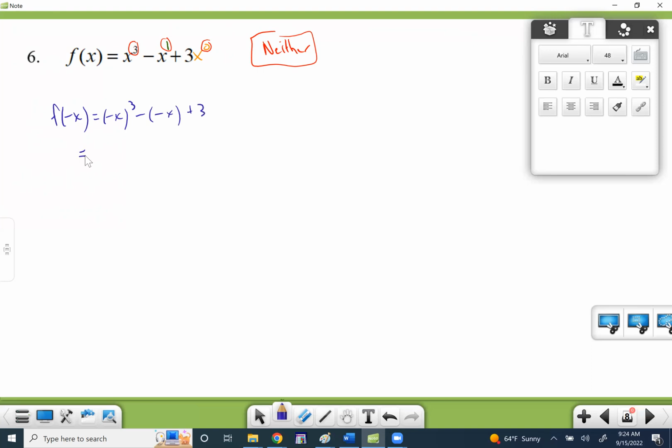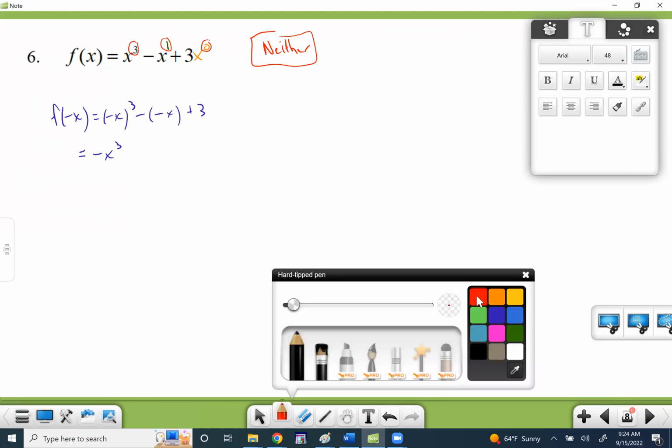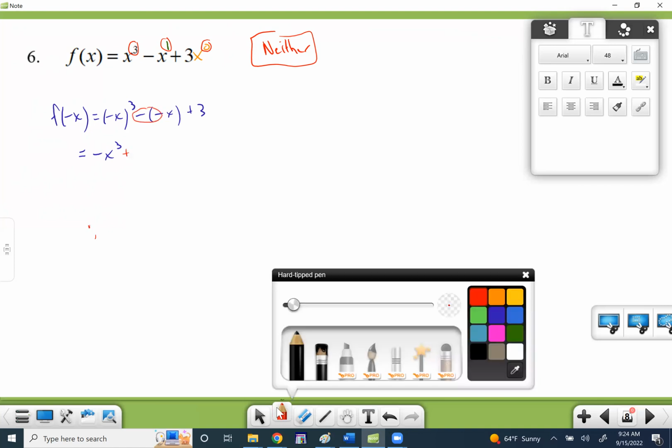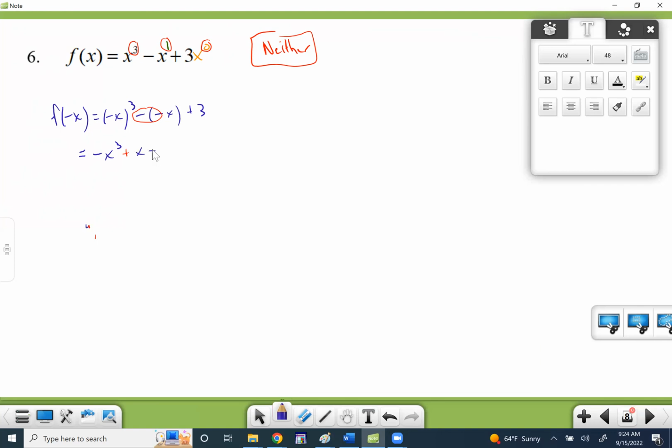Well, a negative times a negative times a negative, so 3 of them will stay negative, and x times x times x is x cubed. Here, we're going to take these two negatives and make this a plus. I'll just put it in red. Sorry for the board glitching, you guys. Put the 3 back. There we go.